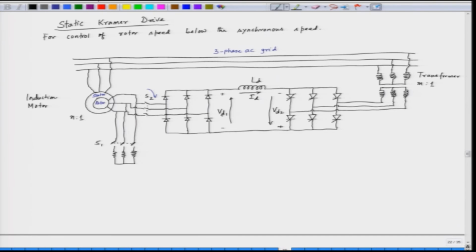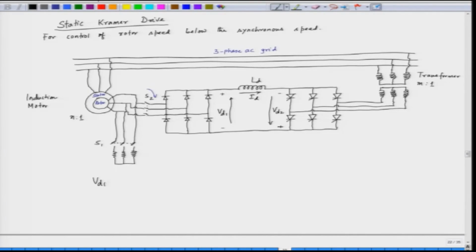Rectifier output is VD1. So, what is this VD1? VD1 is the output of a 3 phase rectifier, which is 3 Vm by pi, and if we write the expression for VD1, it will be the following.